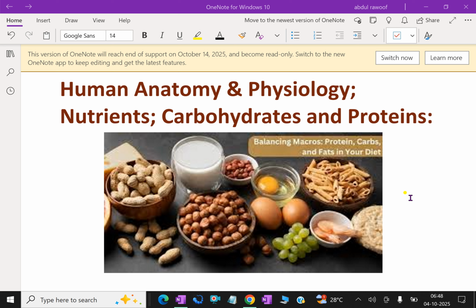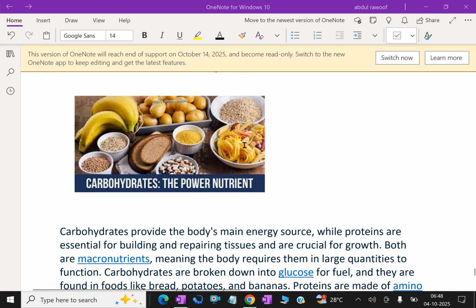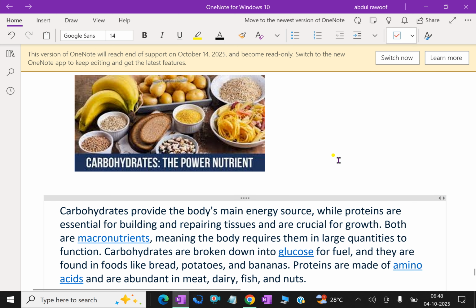Now let us discuss in further detail the nutrients carbohydrates and proteins. Carbohydrates provide the body's main energy source, while proteins are essential for building and repairing tissues and are crucial for growth.